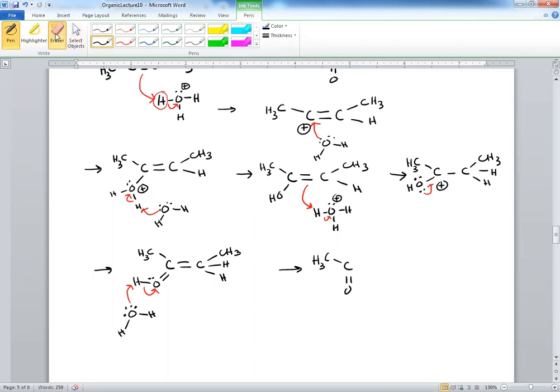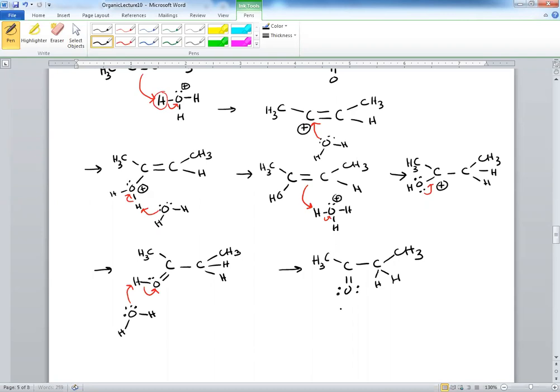There's no double bond here. My apologies. So nothing happened here. I'm just rewriting it this way. So that would be your product: you're forming a ketone right here.